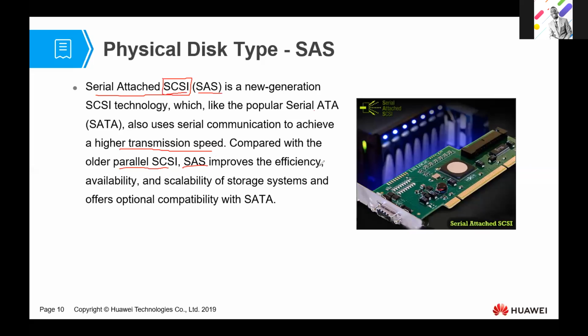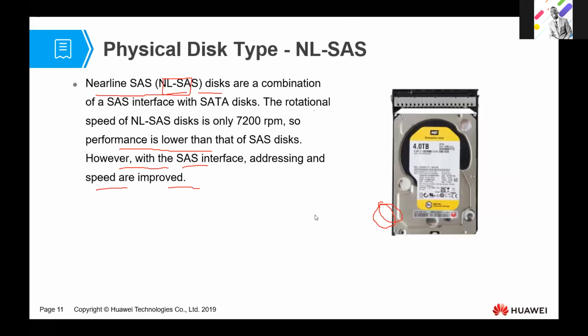And SAS improves the efficiency, availability, and scalability of storage systems and offers optional compatibility with SATA. And SAS has an interface that looks close to SATA. That is what we are calling SAS.